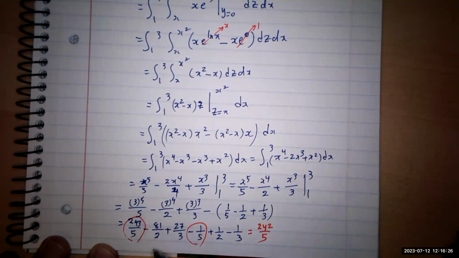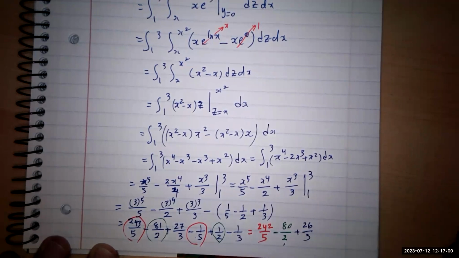So I do this one, negative 81 and the positive 1, that gives me negative 80 over 2. And finally, I have 27/3 minus 1/3. It's going to be 26, so plus 26 over 3.